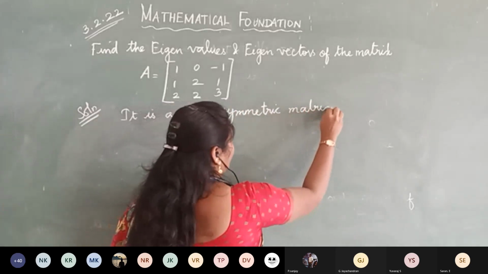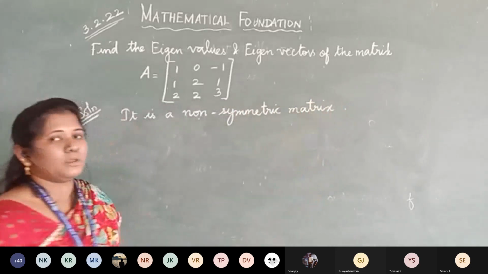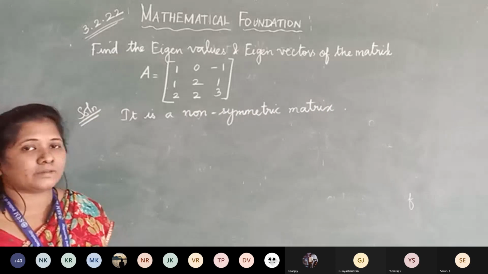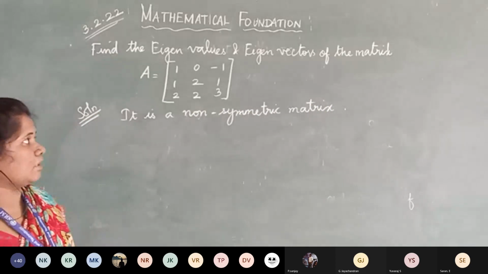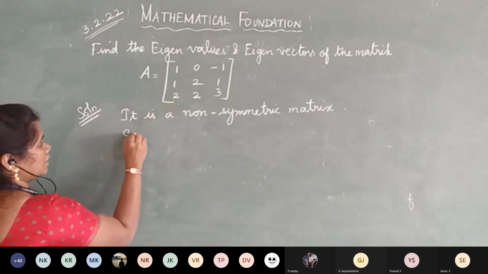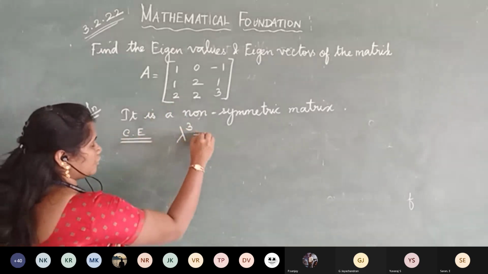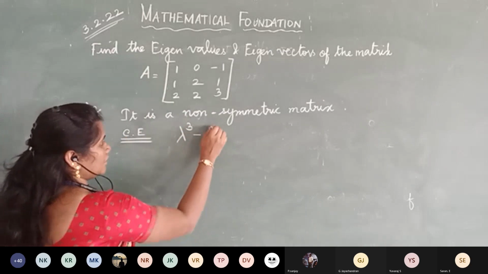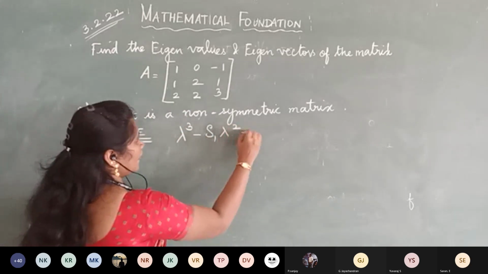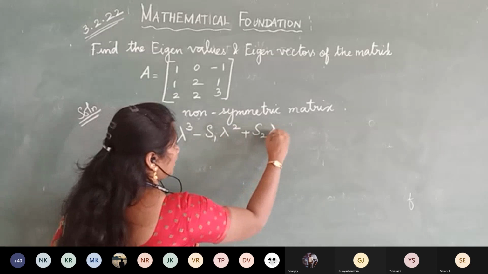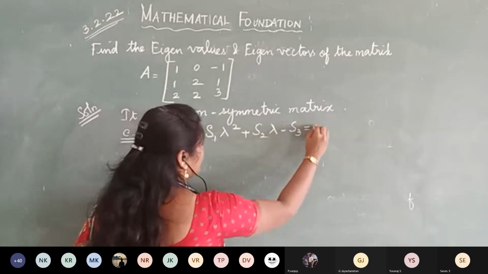After that, find your characteristic equation. This is a 3 cross 3 matrix, so the formula will be lambda cube minus S1 lambda square plus S2 lambda minus S3 equal to 0.